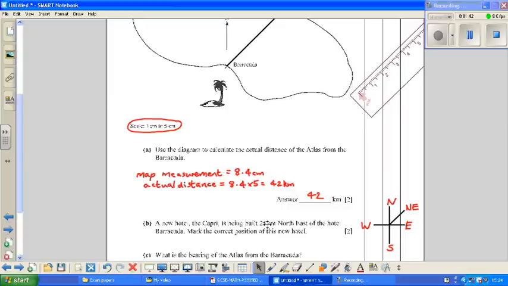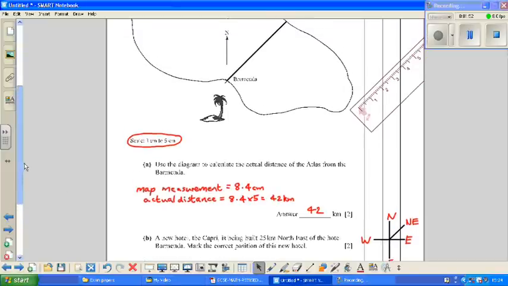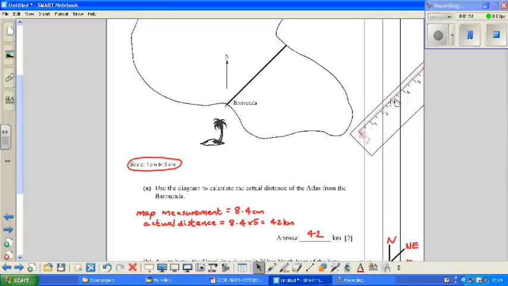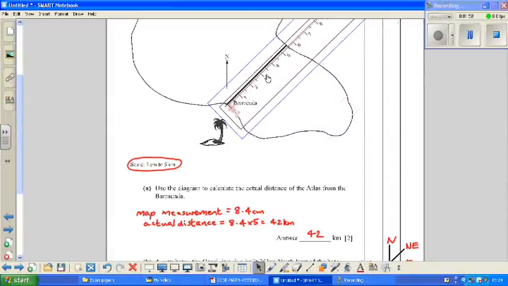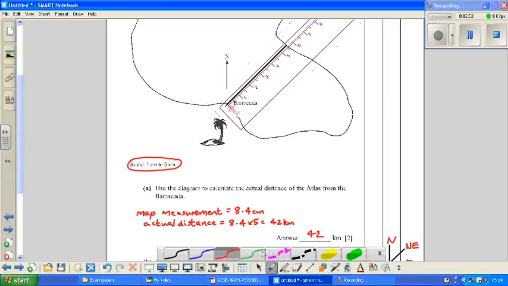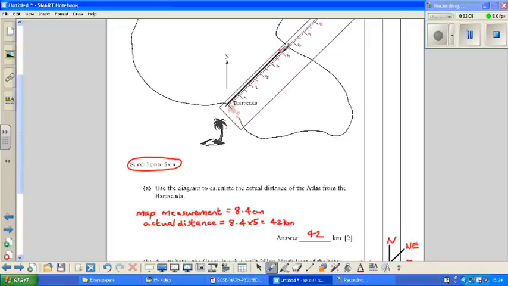So for 25 kilometers, we're going to have to think, how many 5 kilometers are there in 25 kilometers? 25 divided by 5 is 5. So that means the distance along this line is going to be 5 centimeters. So we need to get our ruler and measure 5 centimeters along that line. We can mark it with an X. It says to mark it with an X, so that's the point there.